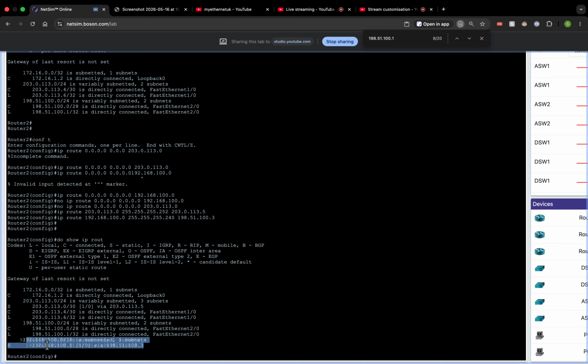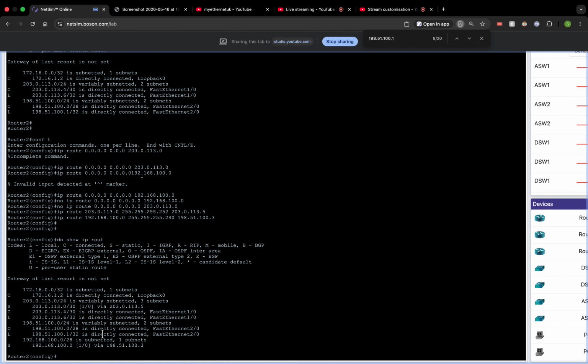You can see that static route which you configured. Anything it doesn't know about, it'll send to router 2's FastEthernet interface.